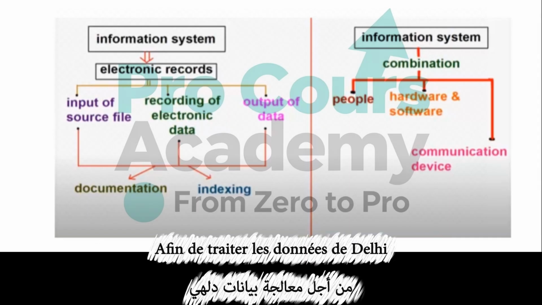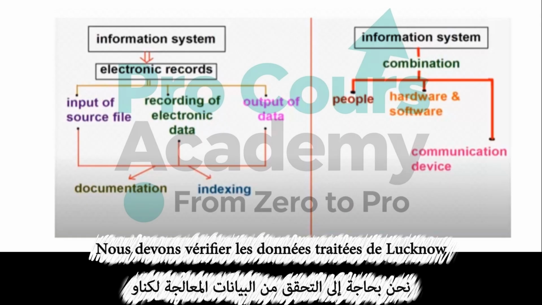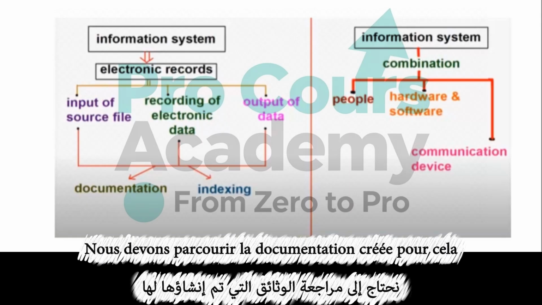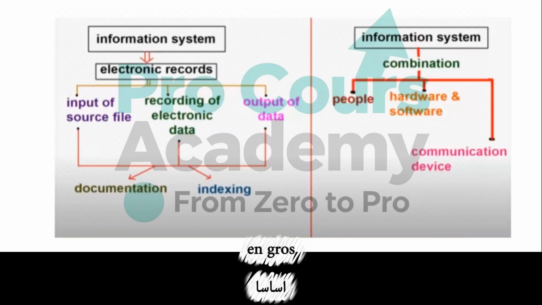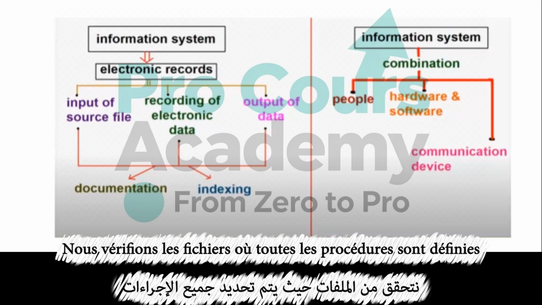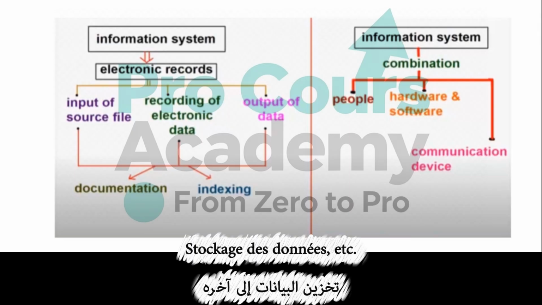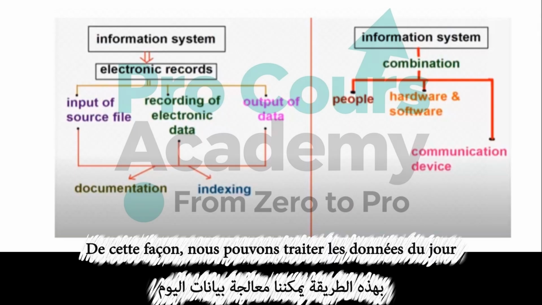In order to process the data, we need to check the documentation provided for it. Basically, by checking, they find all the procedures, that is the process of inputting data, storing data, etc. In this way, they can process the data.